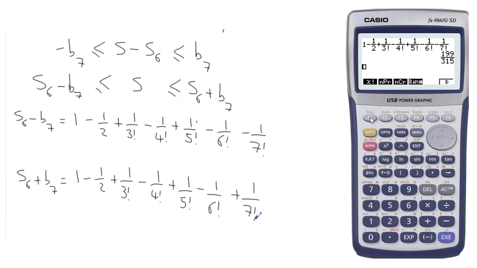That gives us an answer of 199 over 315. For S6 plus B7, we just go back up and change the sign of that last term, which gives us 177 over 280.